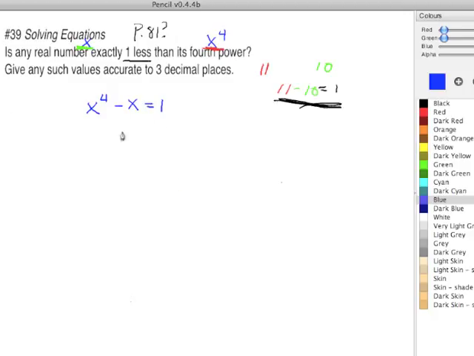Now, you might factor out an X over here and say X times (X cubed minus 1) is equal to 1, and then look at this as a difference of 2 cubes. That would be a fair start to this problem, but I want you to try to avoid that. That would be an algebraic way to solve it, where you just try to find an X that satisfies this.